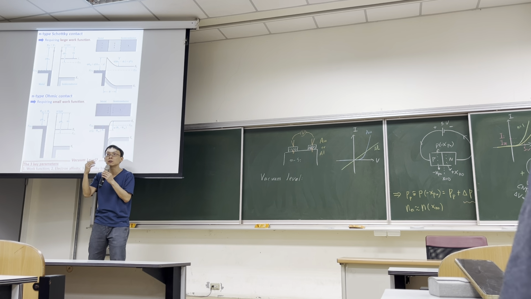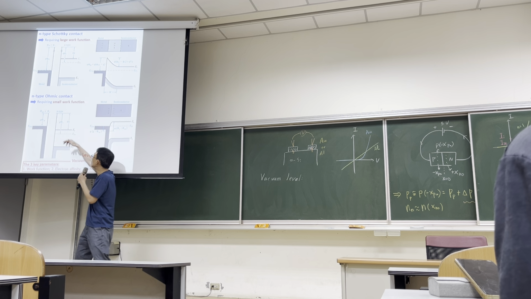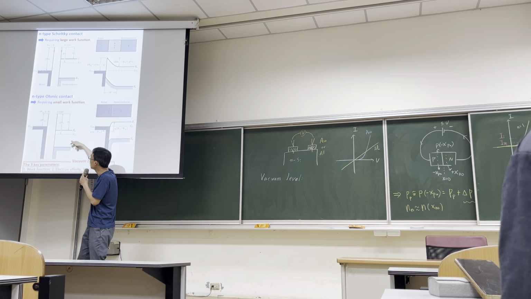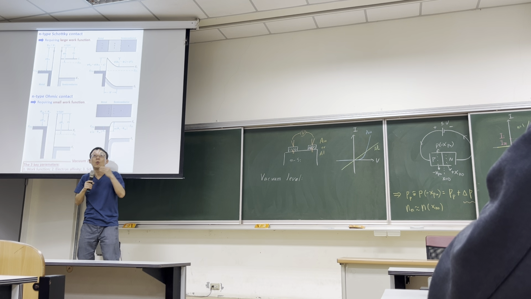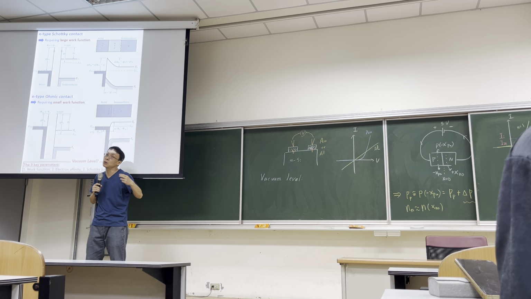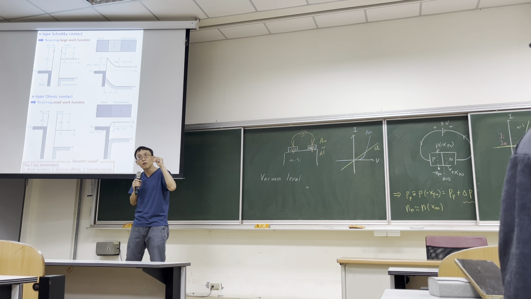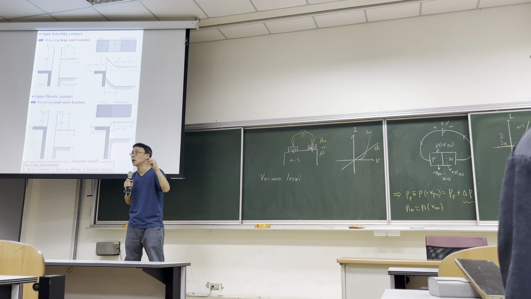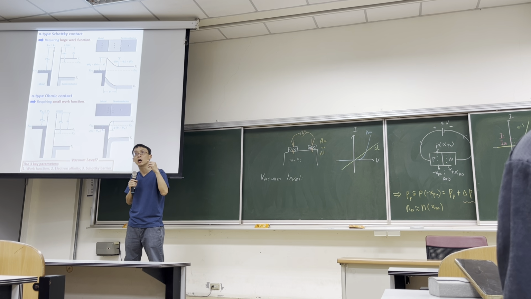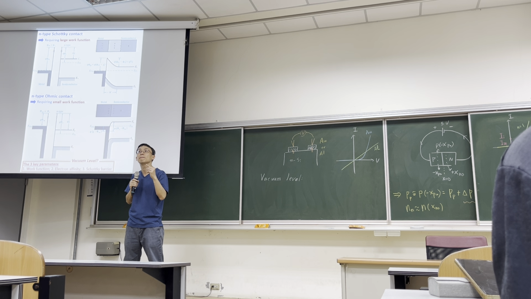For p-type, where you have the Fermi level closer to the valence band, the work function for p-type semiconductor is usually larger than the work function of n-type. So the work function for a semiconductor is never a constant, because it depends on the doping.